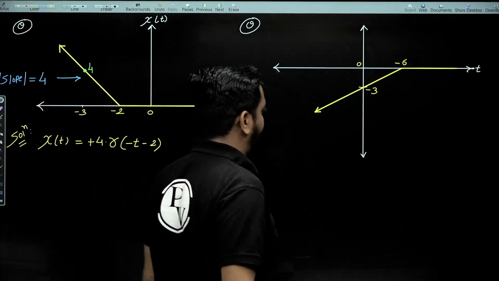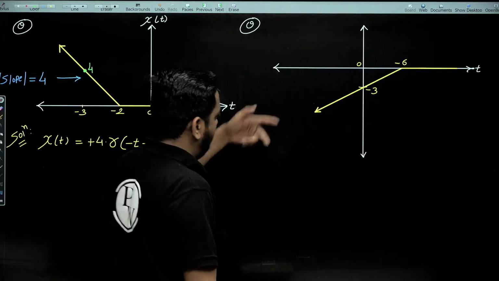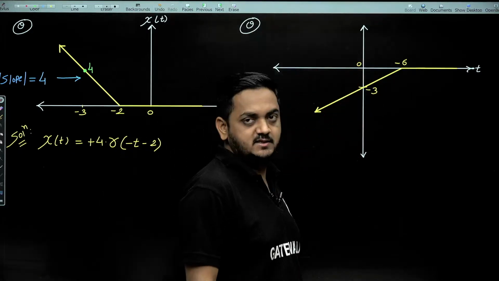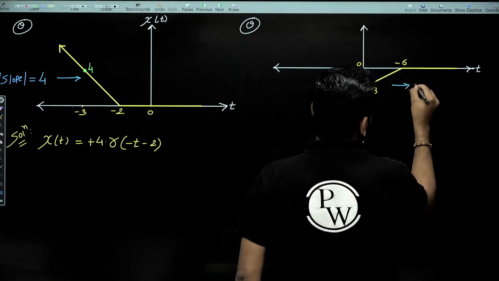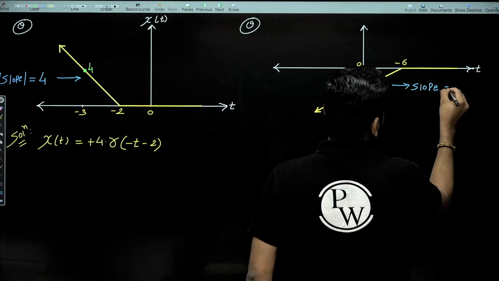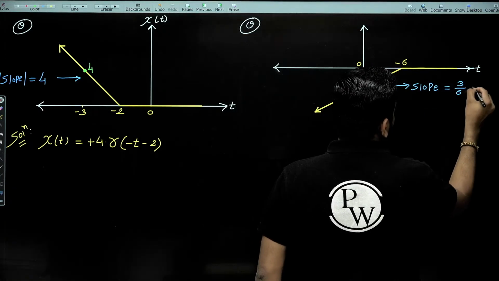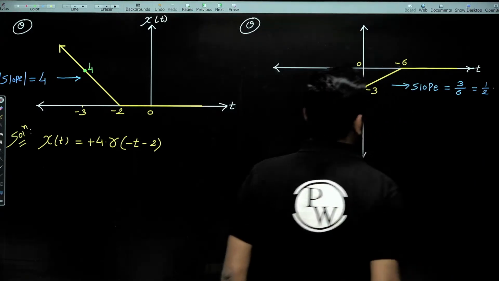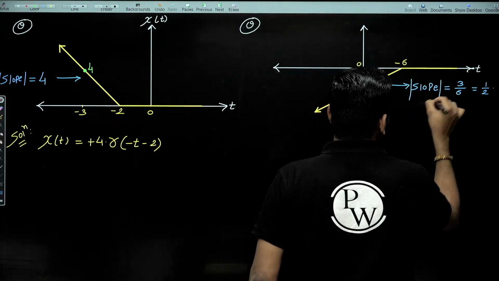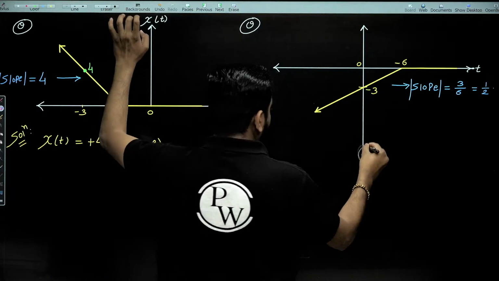First of all, tell me what is the magnitude of this slope. So dy is 3, dx is 6. What is the value of slope? 3 by 6 is equal to 1 by 2. I am asking only the magnitude of this slope. Okay.